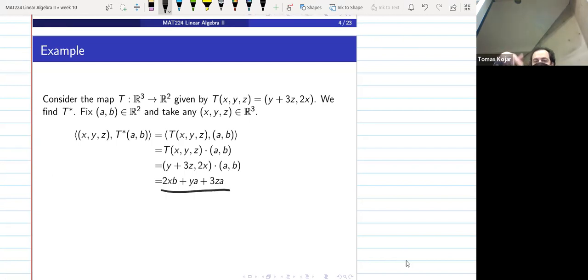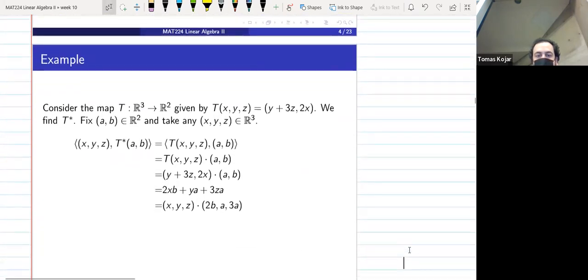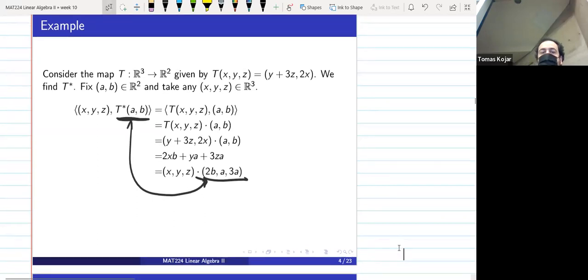You have to shuffle things around so that you write it in this form: X, Y, Z dotted with some stuff, and that stuff will be T star. I rewrote this only because I want to extract T star.